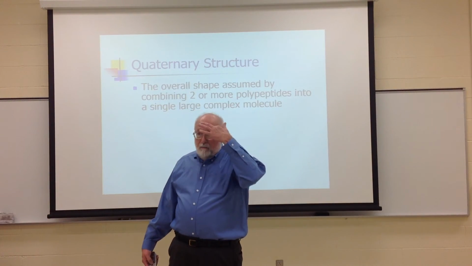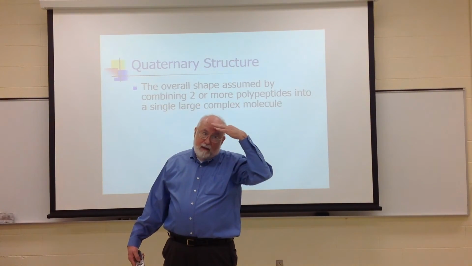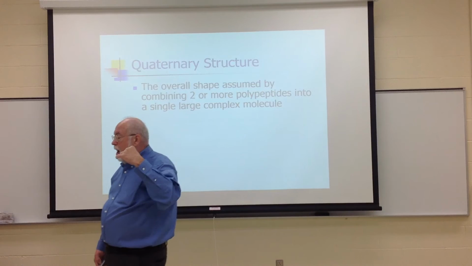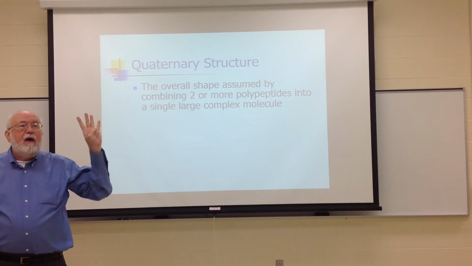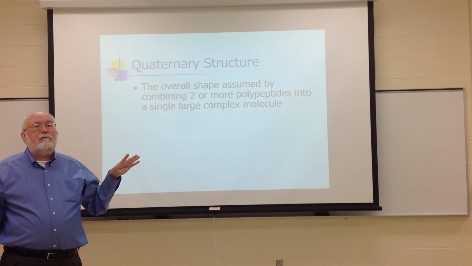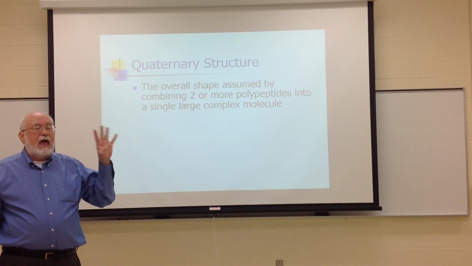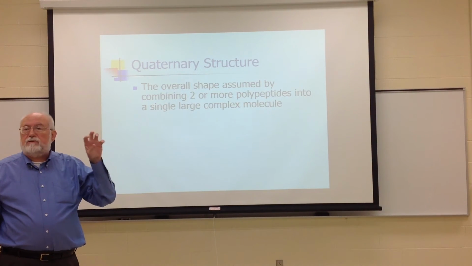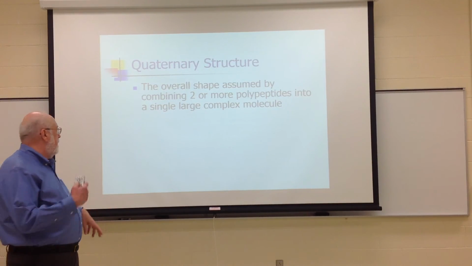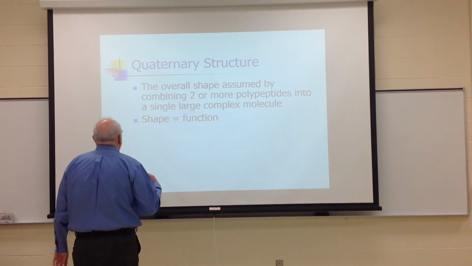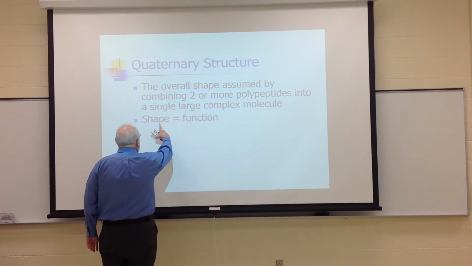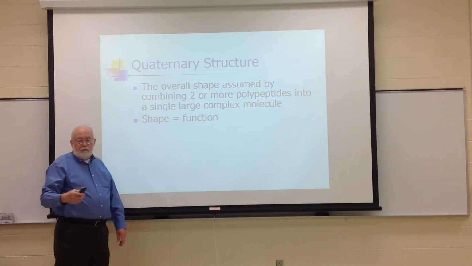So there we go. And the only difference is really one amino acid on a couple of those polypeptides. But anyhow, it's a complex protein. It has 4 polypeptides. They have to combine together in a particular shape in order for it to work properly. All right, that would have quaternary structure, and once again, shape equals function.